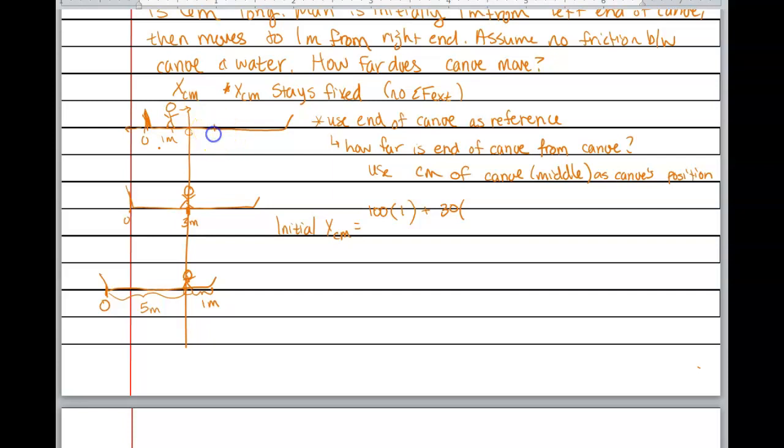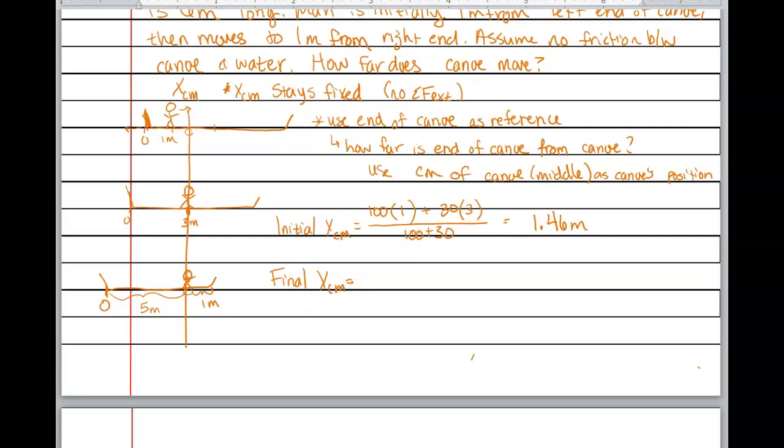Okay, so the center of the canoe is 3 meters from our reference because the canoe is 6 meters long. Now I'm going to divide by total mass. Okay, so about 1.46 meters from the left end. That's where we are initially, center of mass.